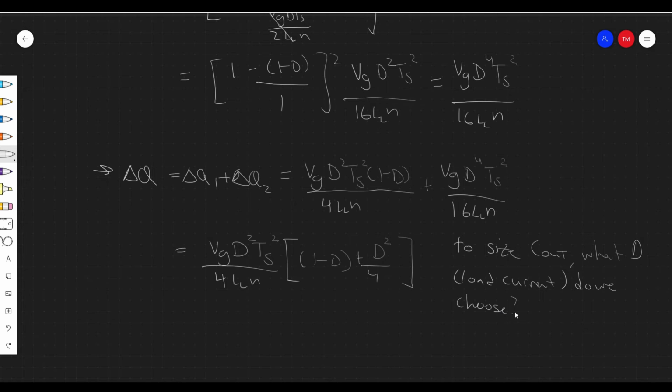Right? What we want is that the output voltage ripple is at most 100 millivolts peak to peak at all conditions, right? So we want to find the case when delta Q is the biggest.